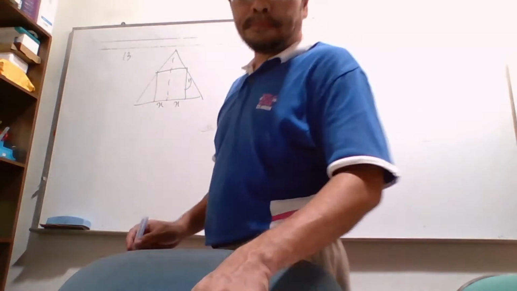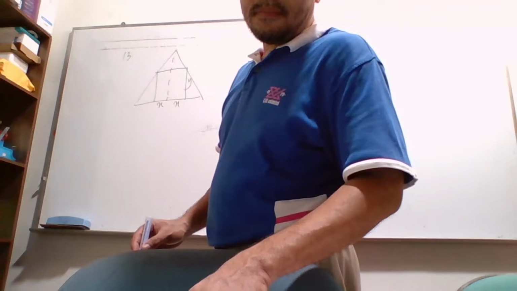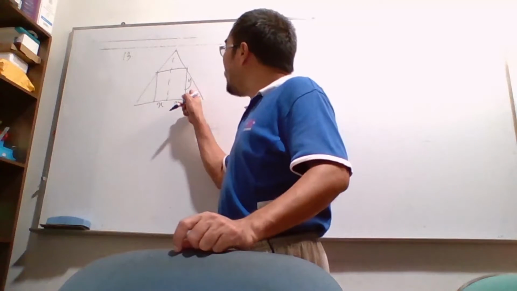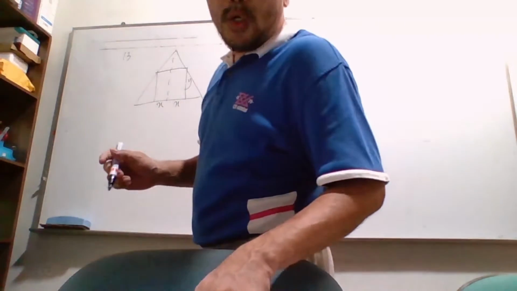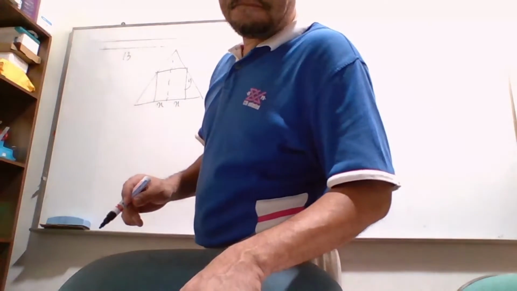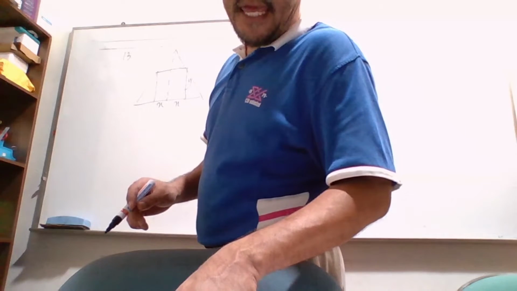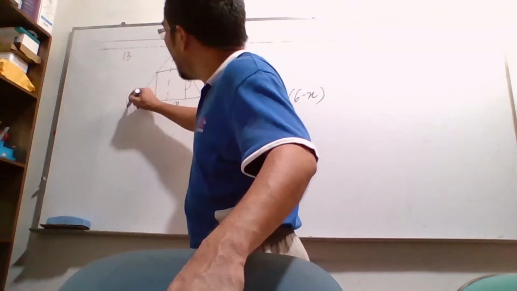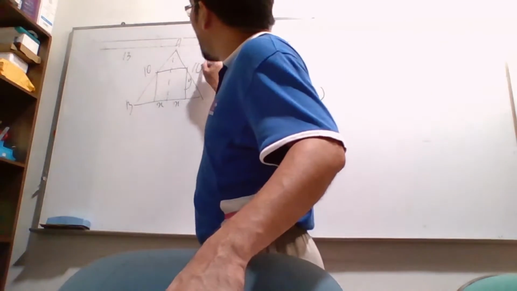So we have to create an equation involving y and x. Is there any info given? It's given that AB equals 10. AB is 10, this is also 10.